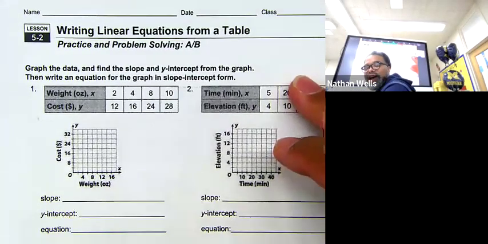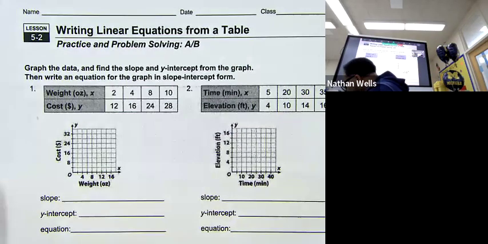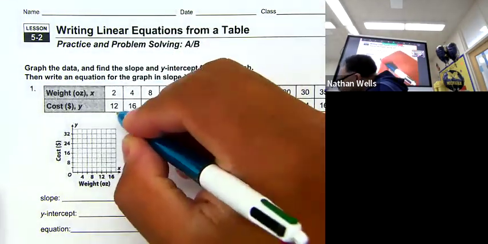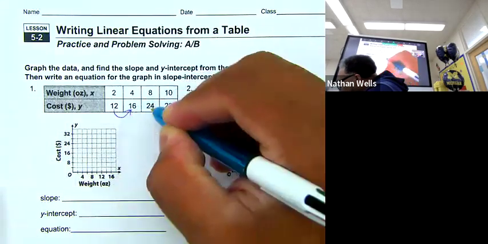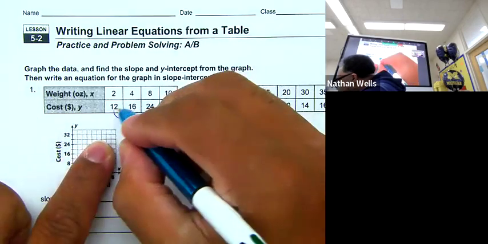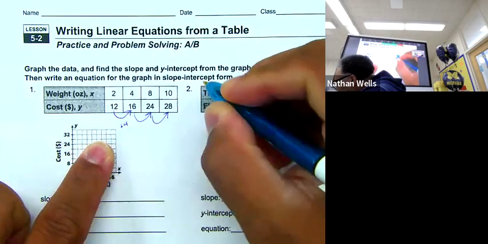How do I find the slope from a table? You first have to find your change in your y values. And so each time, how does this change? In order to go from 12 to 16, that's +4.